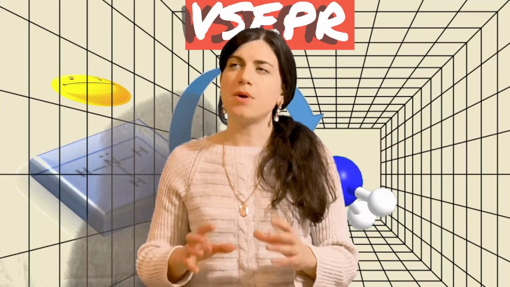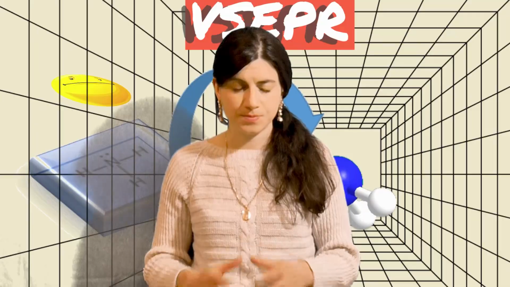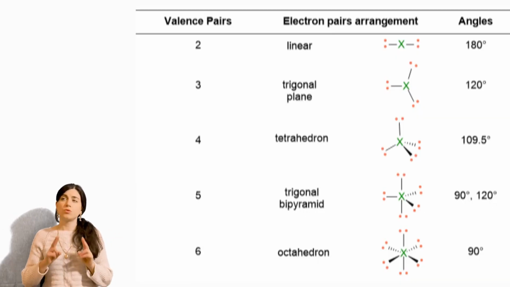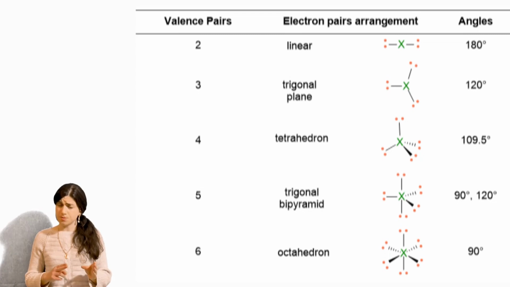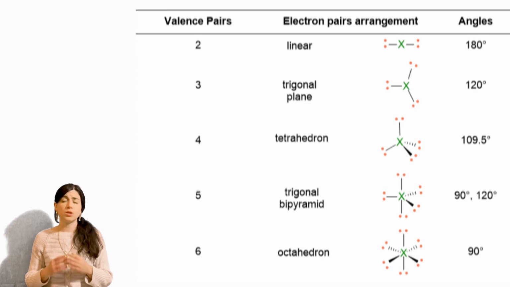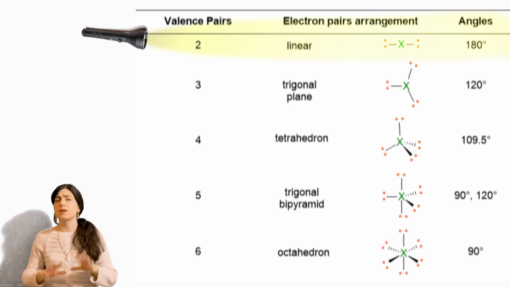Now, depending on the number of valence electron pairs we have around the central atom, we can have several kinds of electron disposition. For instance, this table summarizes all the cases starting from 2 valence pairs to 7 valence pairs. As we have already said, with 2 electron pairs around the central atom, the electron arrangement is linear.